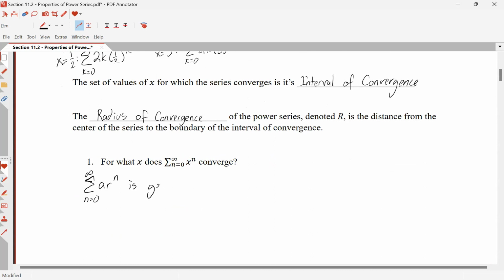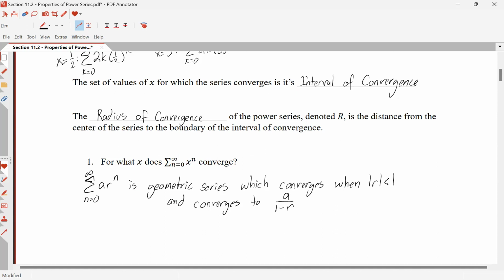This is a geometric series, which converges when the absolute value of r is less than 1, and it converges to a over 1 minus r.